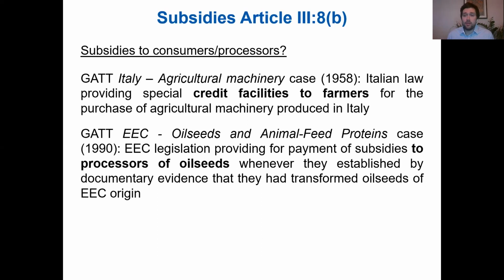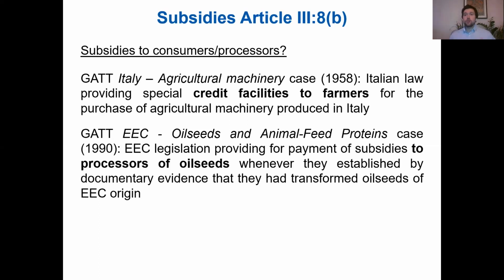And they would give those subsidies only in cases those processors demonstrate that there are domestic oilseeds that have been actually obtained and processed. So it's domestic producers who get the benefit. It's the domestic producers who actually get the advantage because of this measure.